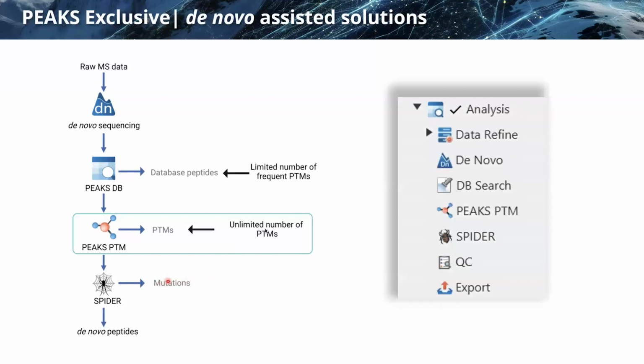And just to clarify, when we report the results, each additional step is accumulative, meaning that PEAKS PTM result will contain all of those database search matches and the additionally found modified peptides. If SPIDER is added post both of these steps, then all of these results will be included in the newly found mutated peptides.